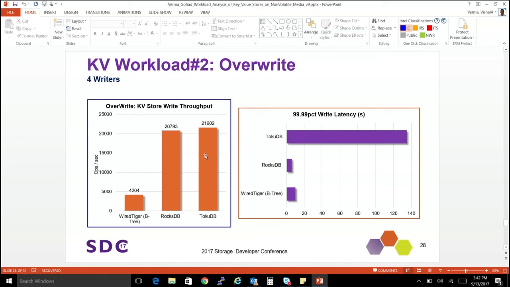All the configurations were pretty common, so if somebody would like to get started with these 3 key-value stores, that's the kind of performance levels you would see. But there are chances for optimizations for sure for all of these 3. So this gives you an idea, a baseline, of how they stand in terms of read and write performance.